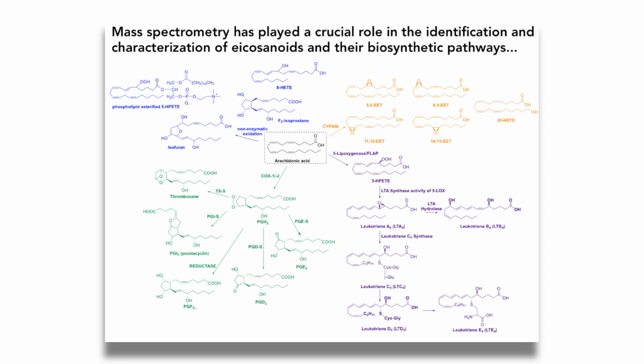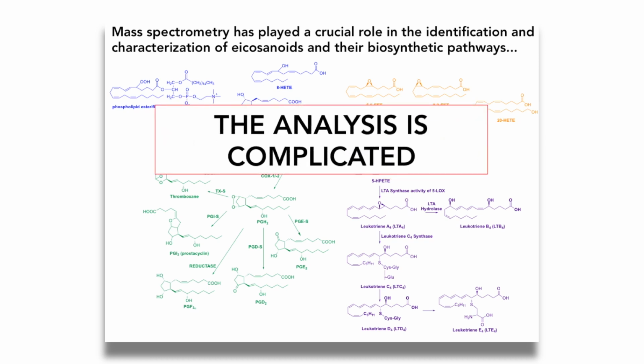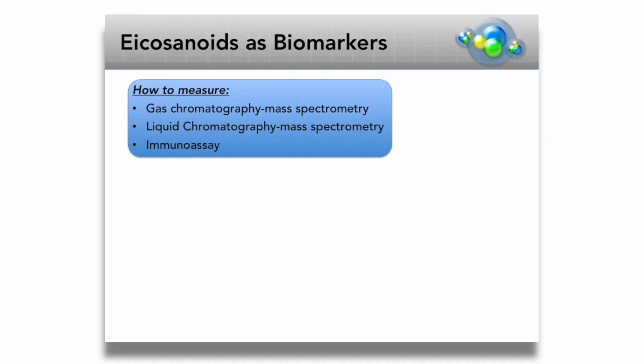But if we look at just the snapshot of enzymatic and non-enzymatic oxidation products on this slide, you can see that many compounds can be generated from different pathways, and their structures are very similar to each other. So very quickly, the analysis gets quite complicated. In the early days, gas chromatography mass spectrometry was used to measure eicosanoids as biomarkers in vivo.